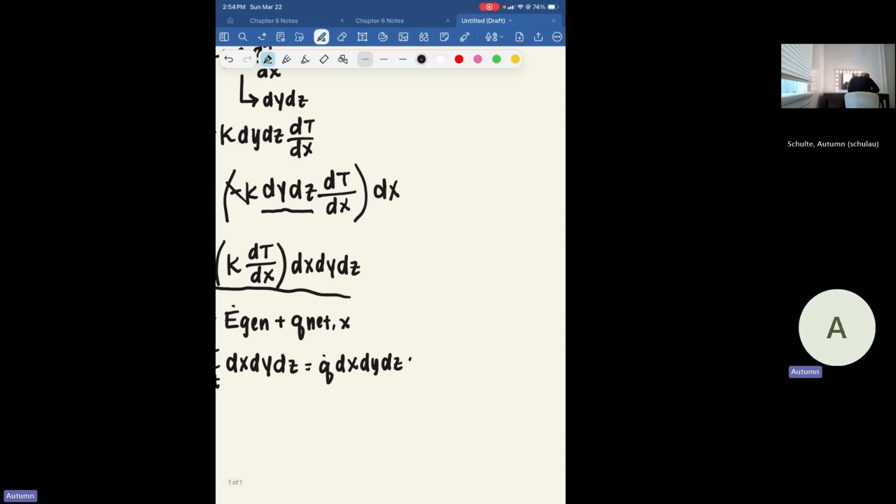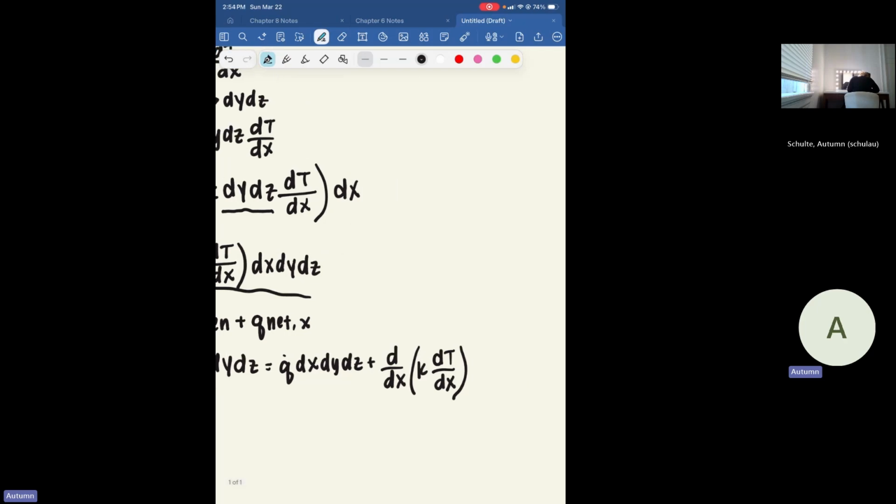So this is going to be plus the derivative with respect to x multiplied by the thermal conductivity times the change in temperature with respect to x multiplied by dx, dy, dz.